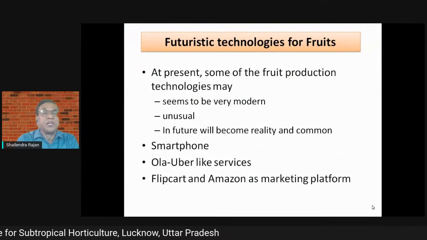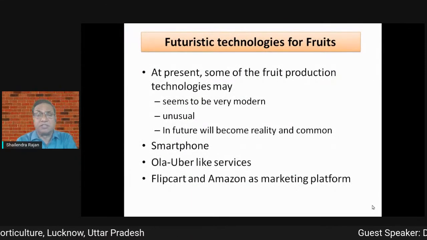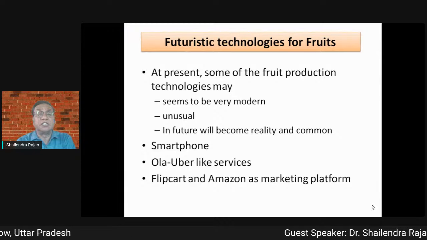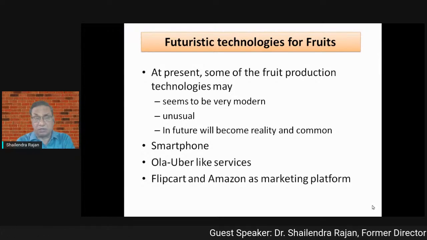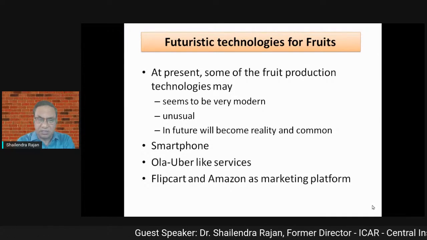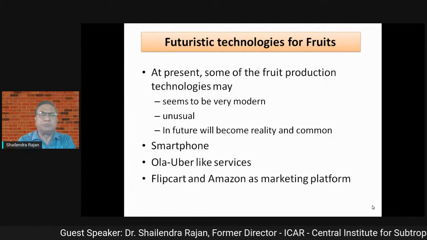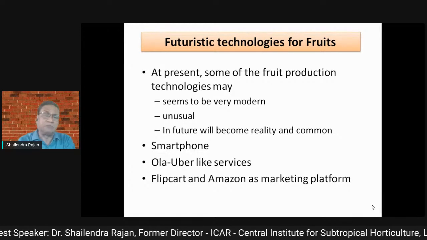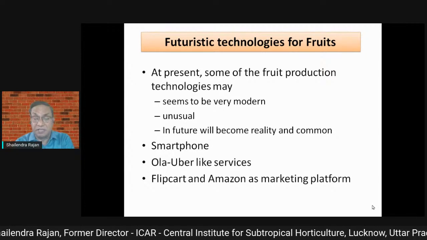So futuristic technologies, most of them, presently are not common in Indian orchards, but they seem very modern, and sometimes we find that they are very unusual.